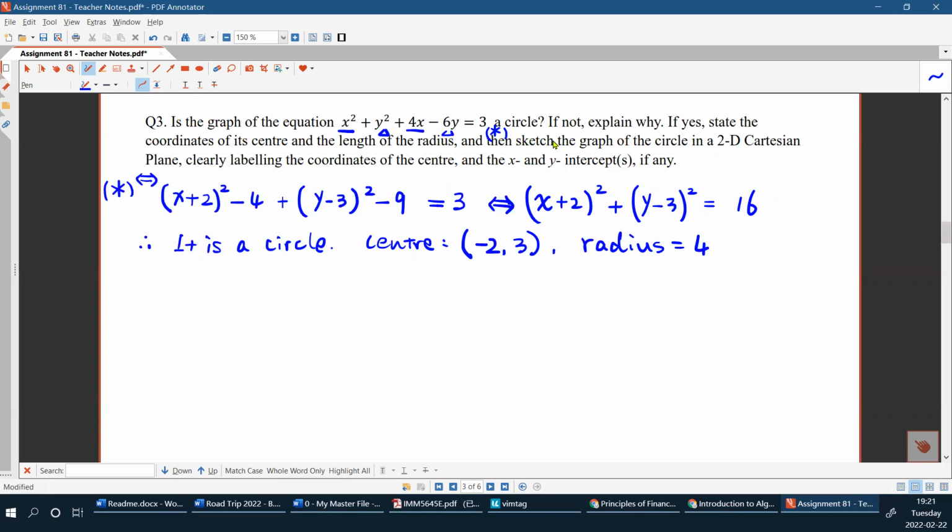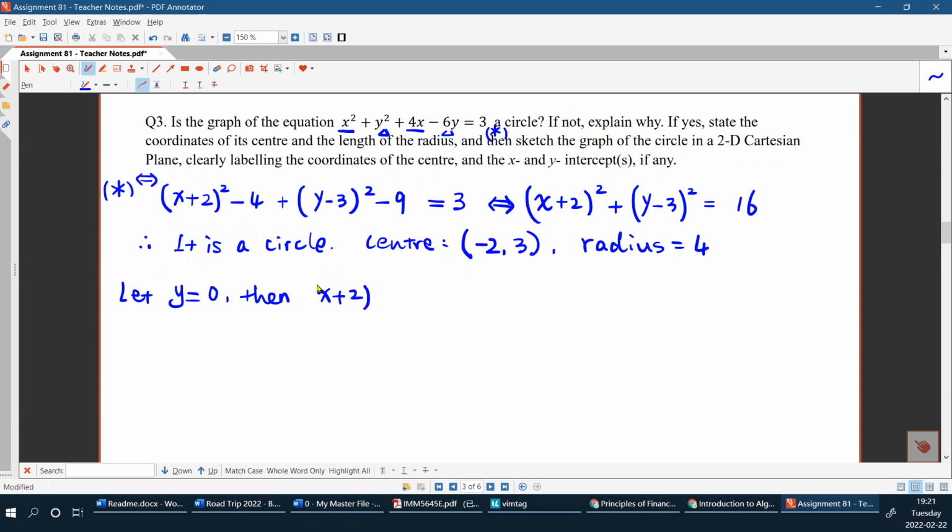Okay, so if you want to sketch the circle, you need some more information. For example, the x and y intercepts, because this question asks us to label these points, right? Find its x-intercepts. You can let y be 0. Then find the values of x.